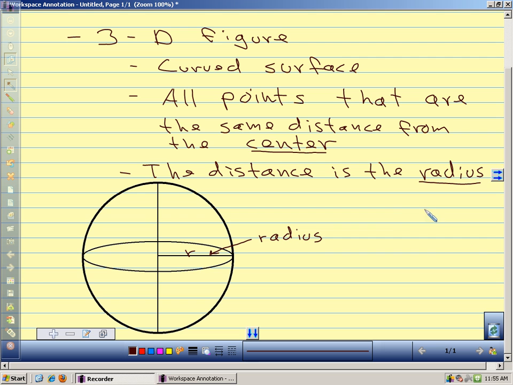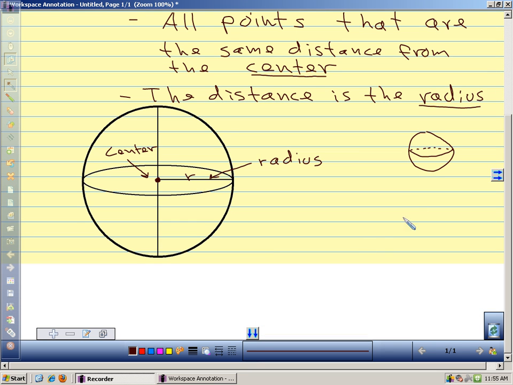If I were to sketch this, I would just draw a circle like so, and then like this, and there would be my sphere. A little lopsided. And this point here is the center. So this is all we need for our formulas, is the radius.